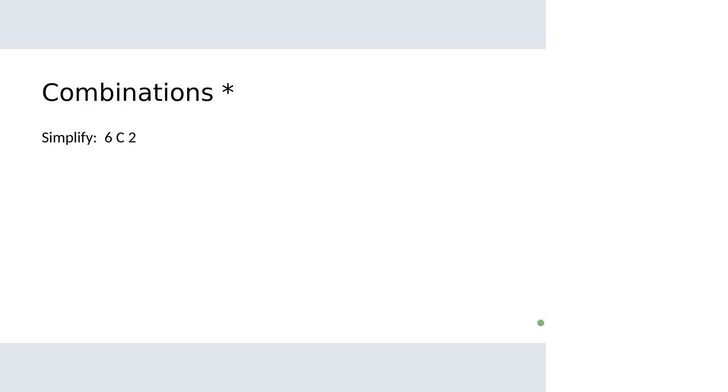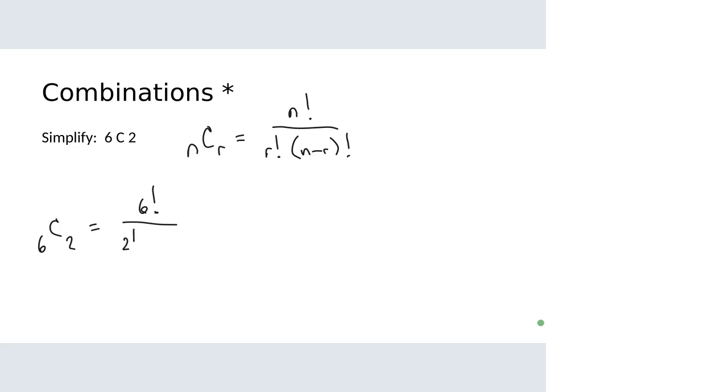I'm going to go ahead and work through this one for us then. The formula for a combination, nCr, is n factorial over r factorial, n minus r factorial. And here we have 6 choose 2. So that'll be 6 factorial over 2 factorial, 6 minus 2 factorial, or 6 factorial over 2 factorial, 4 factorial.